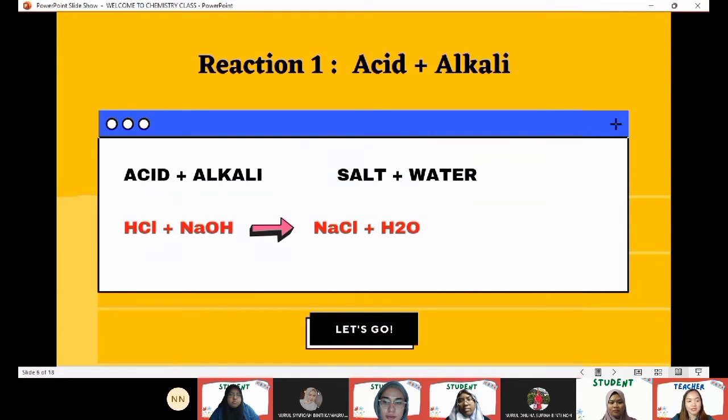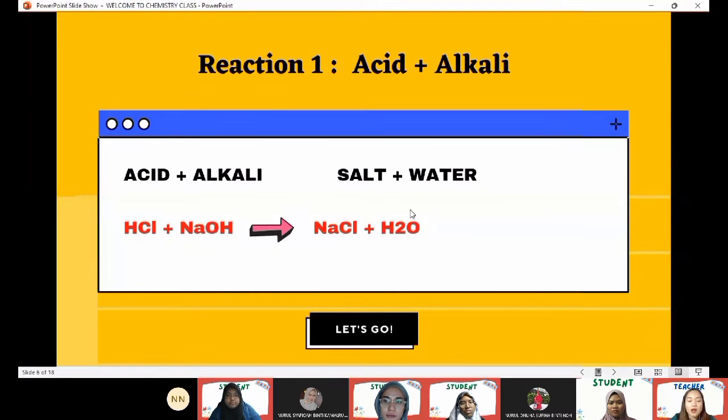For example, hydrochloric acid reacts with sodium hydroxide. The products produced are sodium chloride and water.